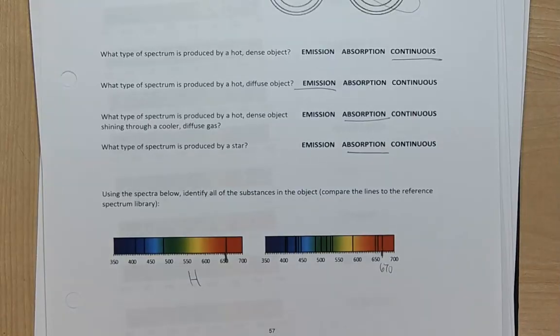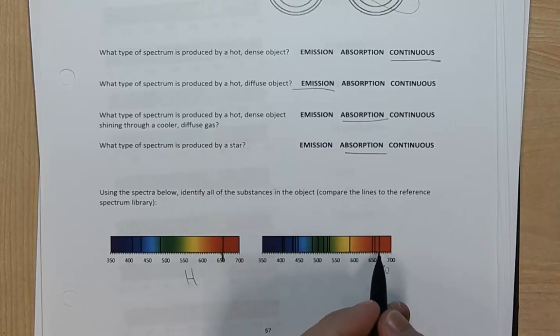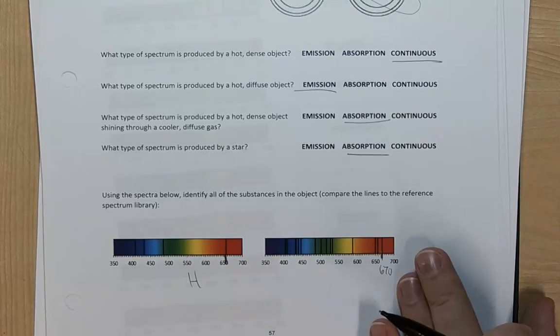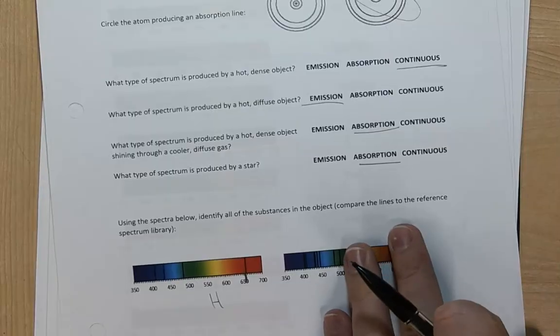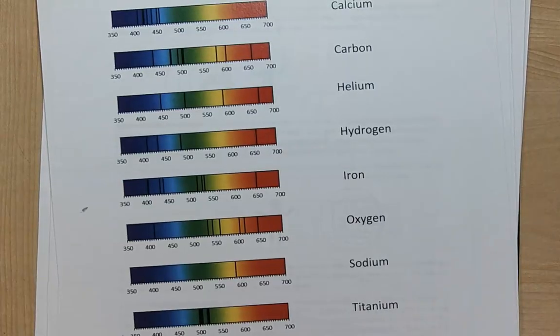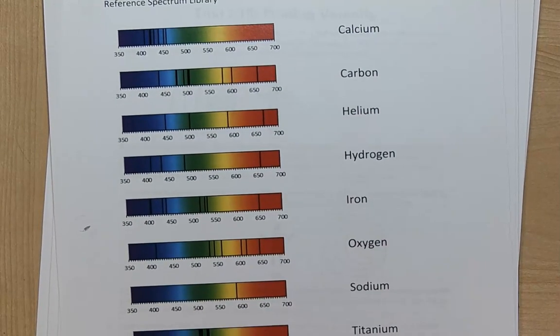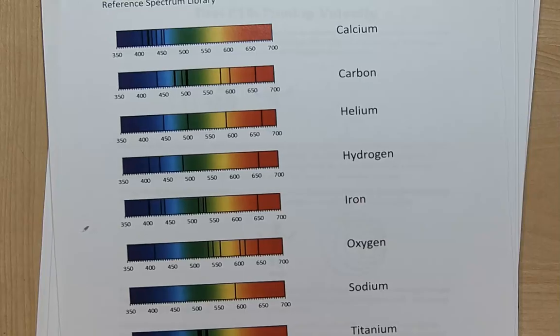So what element do we know of has this line here at 670 nanometers? No, carbon's at 660. Looks like helium.